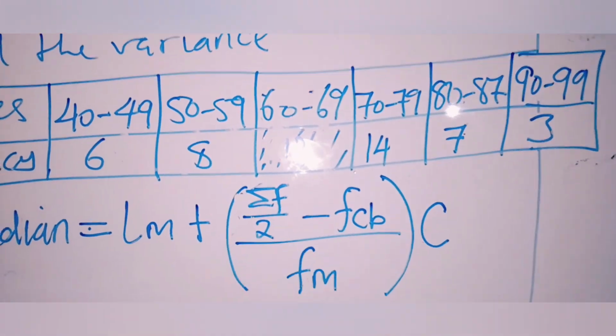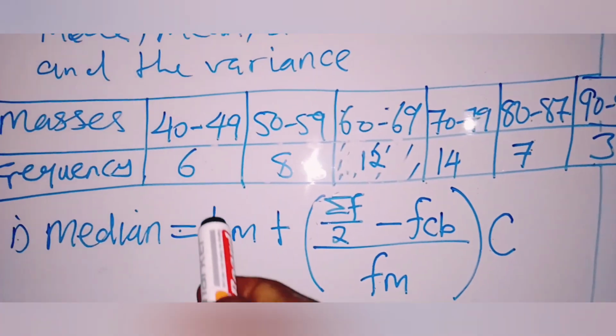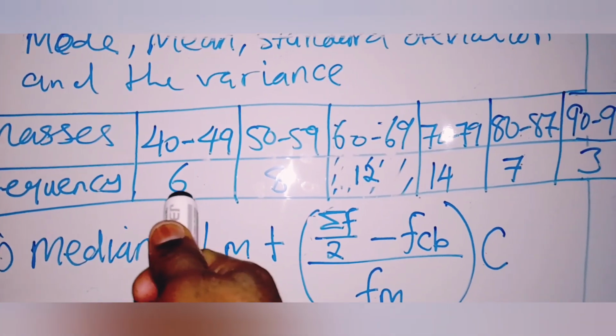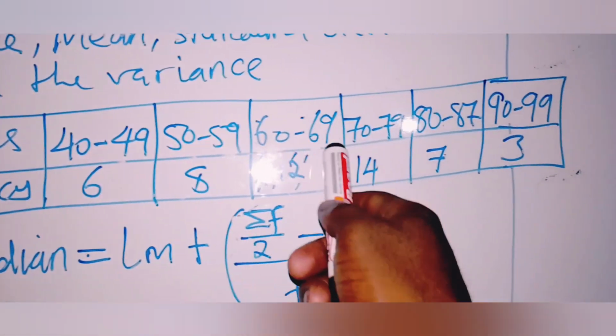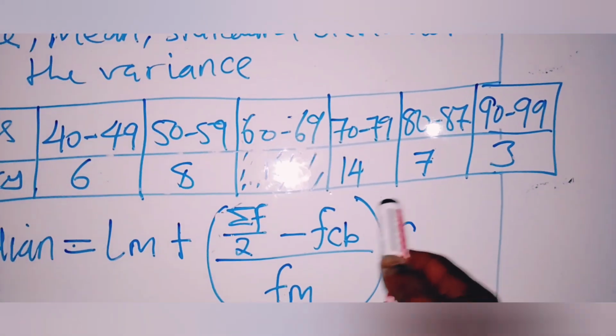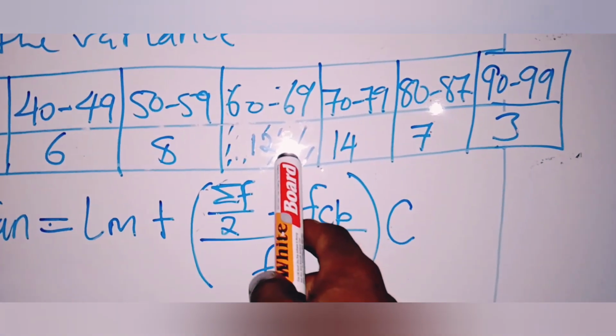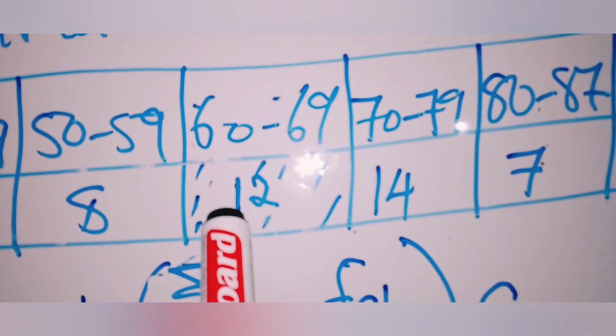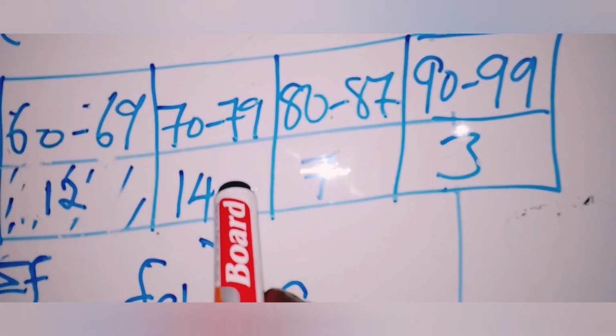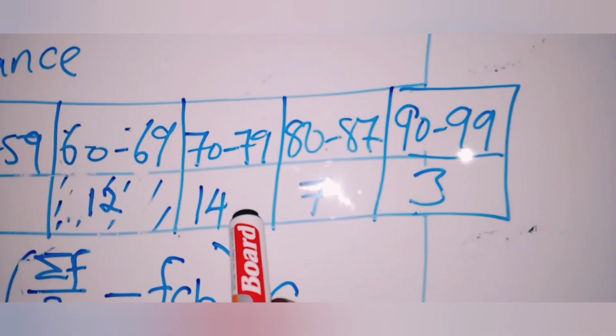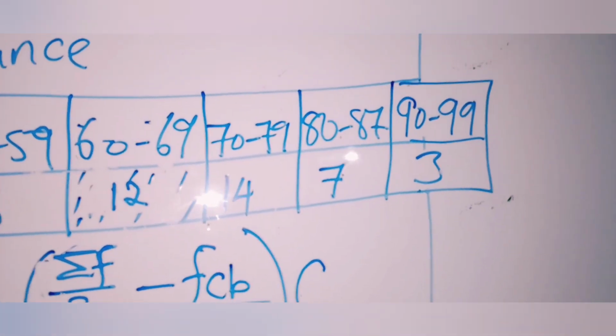Now we are looking for the mode. Since the classes increase from left to right, 40, 50, 60, 70, 80, 90, we are going to move one step forward from 12, that is 14.